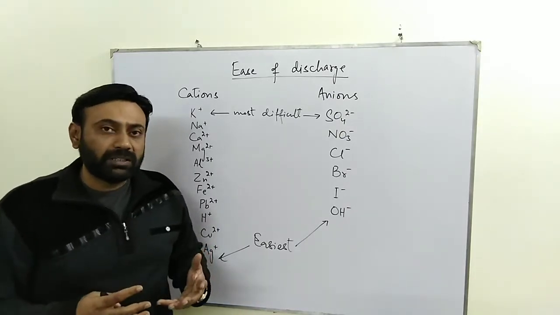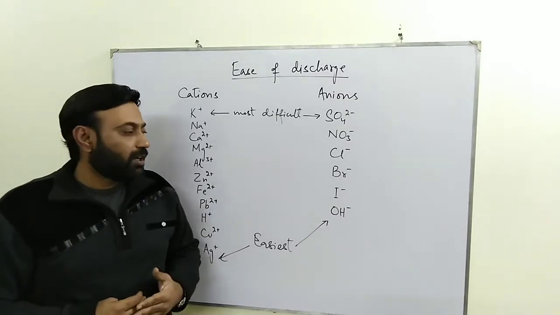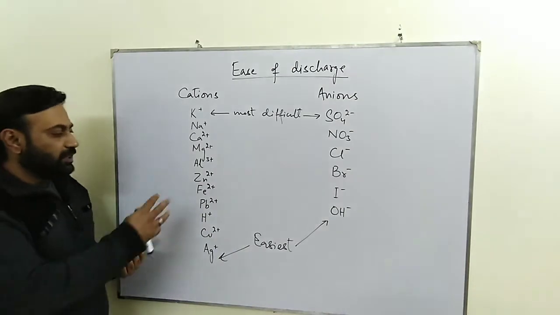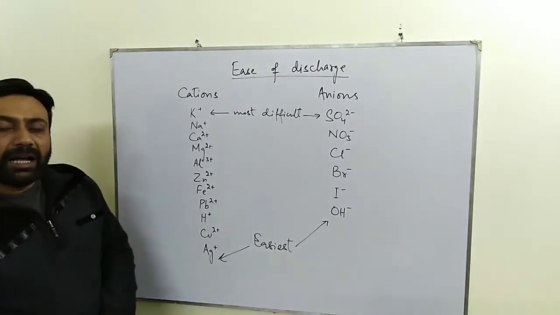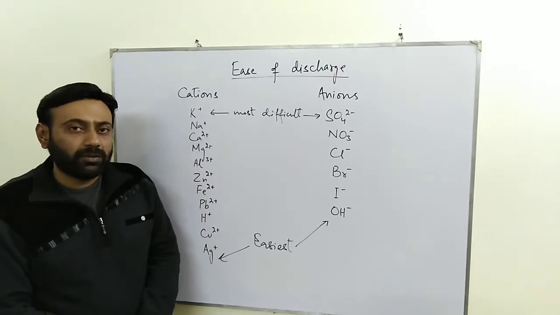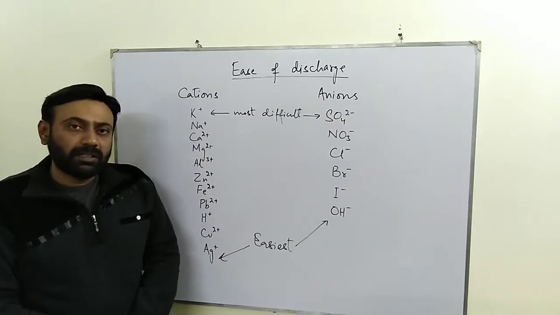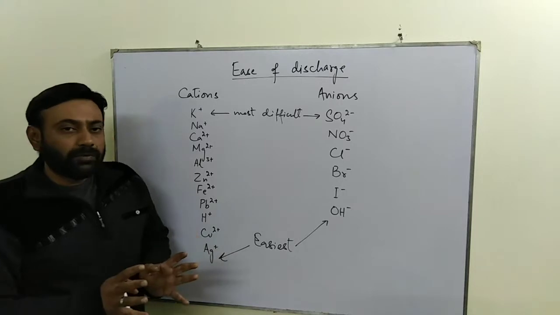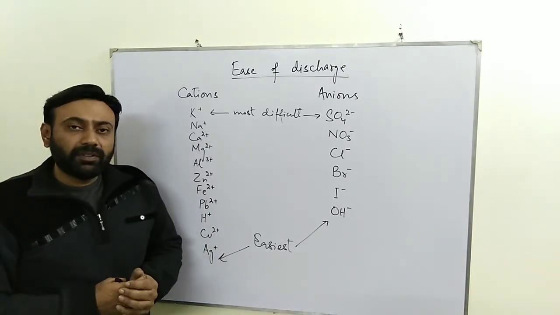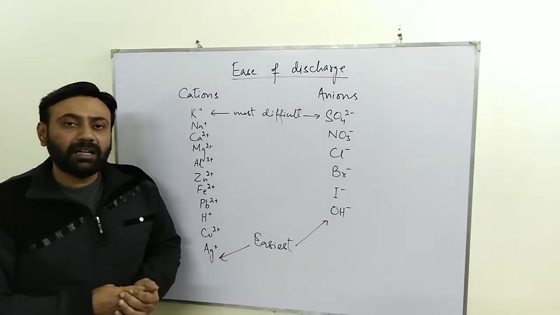Due to its high concentration, it may overcome the ease of discharge of hydroxide ions. The same goes for the cations. Some of these ions, if present in high concentration, may overcome the ease of discharge of hydrogen ions and get discharged themselves. So we have to see if the concentration of the ions is high or not.